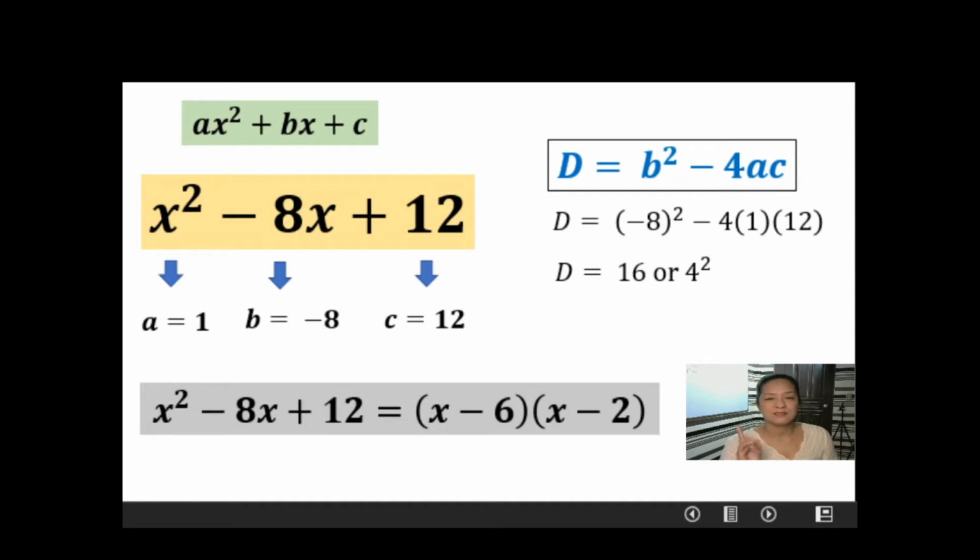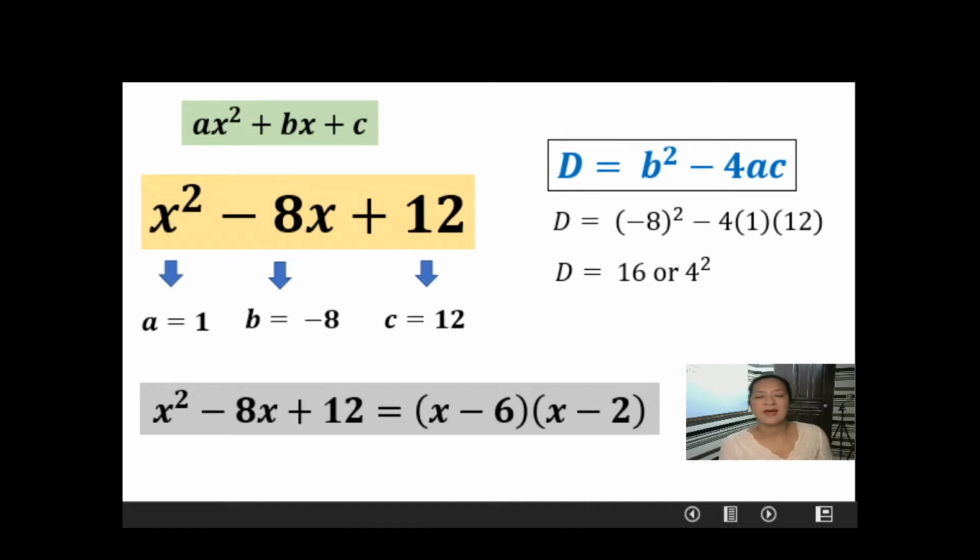So kung re-reviewin natin dun sa grade 8 mathematics natin kung paano kayo mag-factor ng trinomial, no? Yung first term ay x squared. So factors of x squared ay x times x. Then the last term is positive 12. But look at the middle term. Your middle term is negative 8. You are going to choose two factors of positive 12 wherein kapag pinag-plus mo, ang sagot ay negative 8.